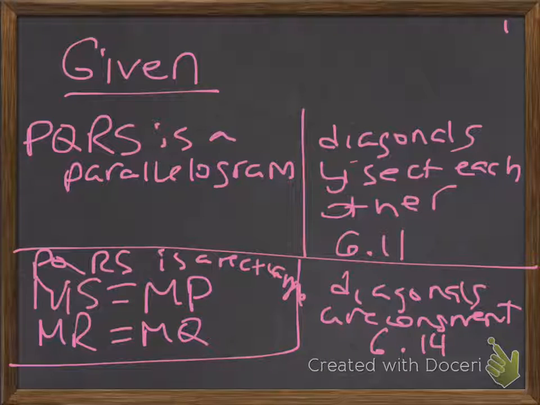So we now know that it's a parallelogram and a rectangle. We know that the diagonals are perpendicular because it told us. So that makes it a rhombus.